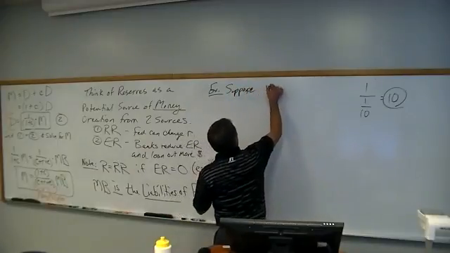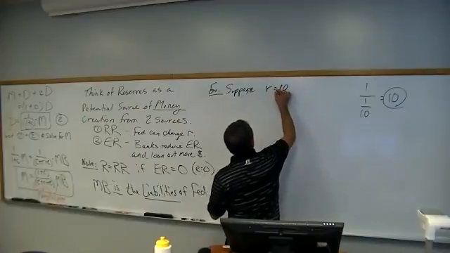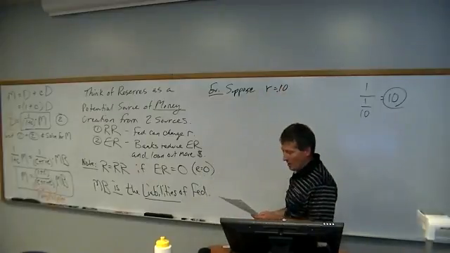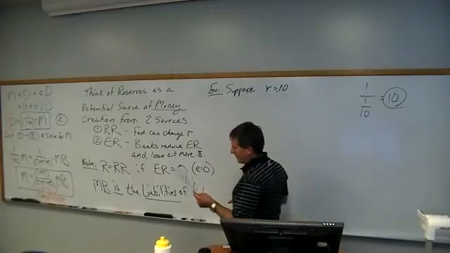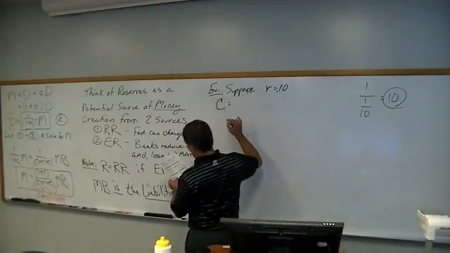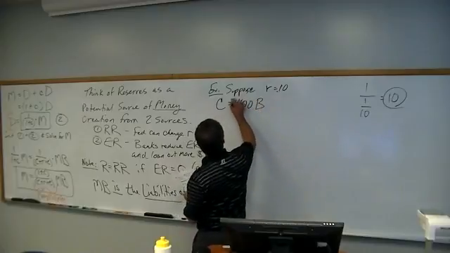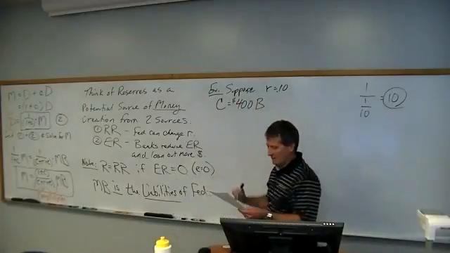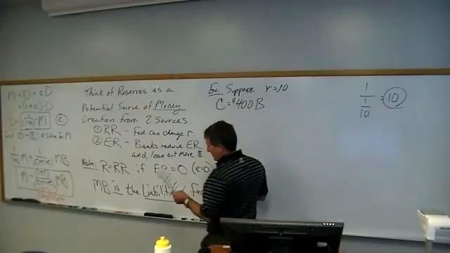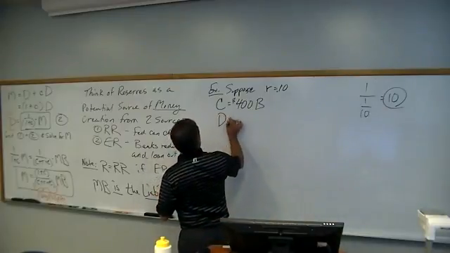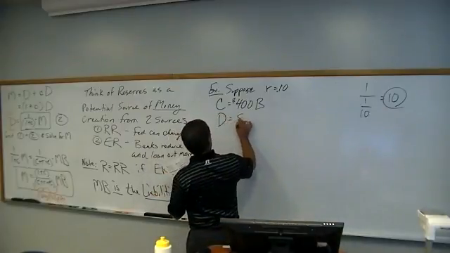Suppose that the required reserve ratio equals 0.1. Little r equals 0.1. Currency, big C, in circulation is 400 billion. Checkable deposits, big D, is 800 billion.